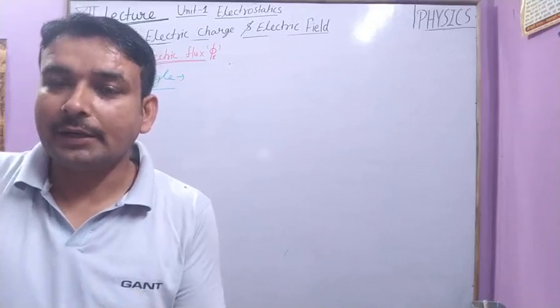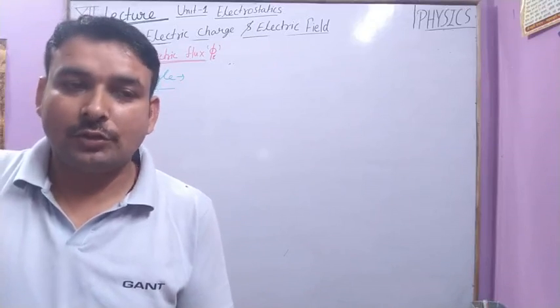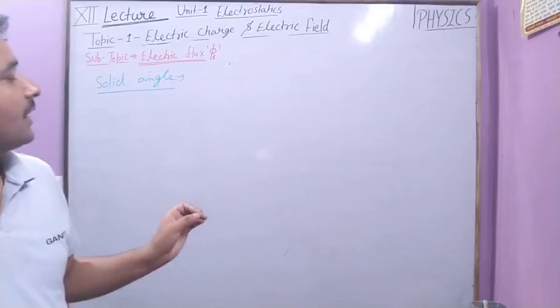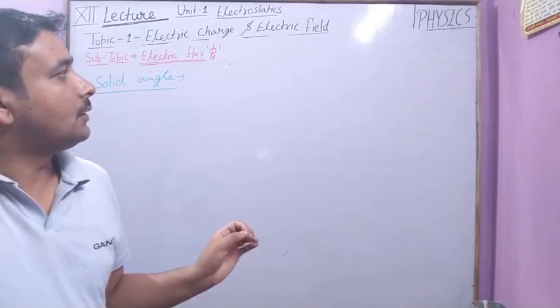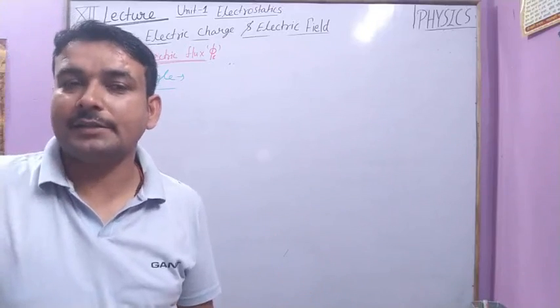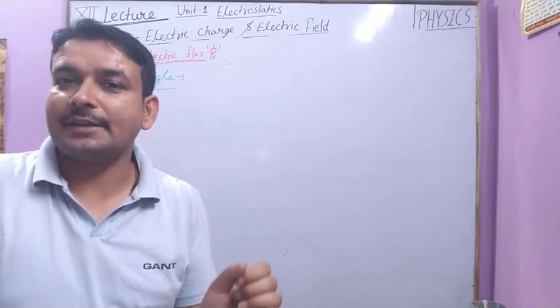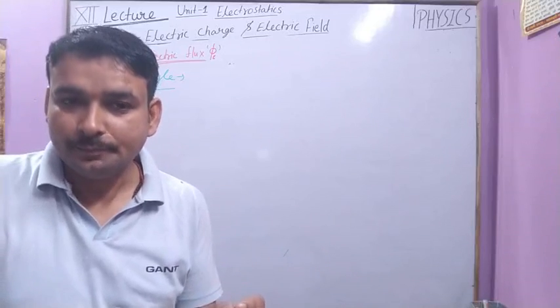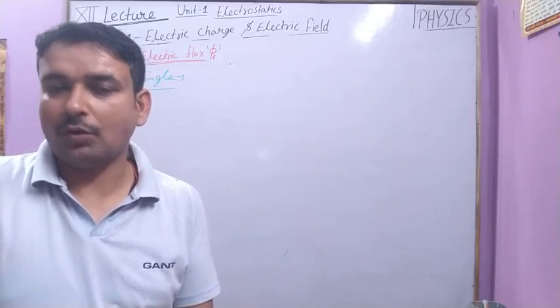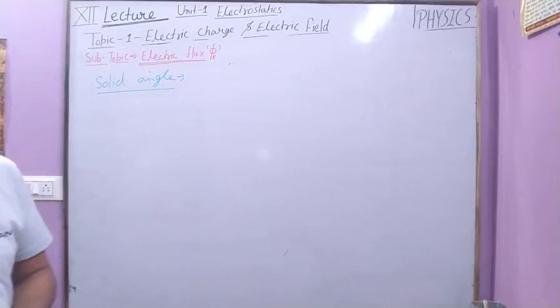You can also define the solid angle as subtended by an arc at the center of a sphere of radius r.